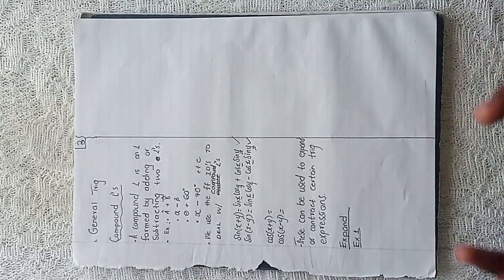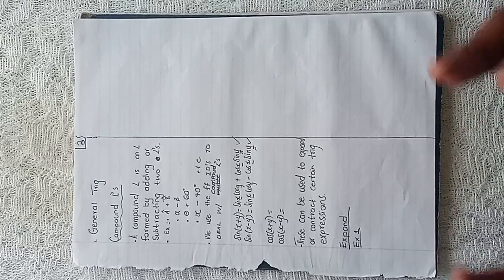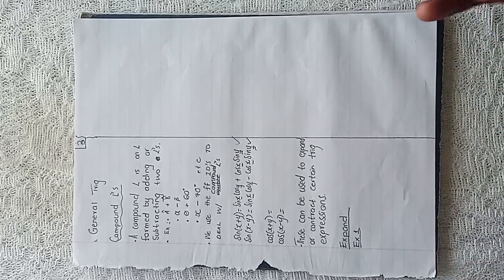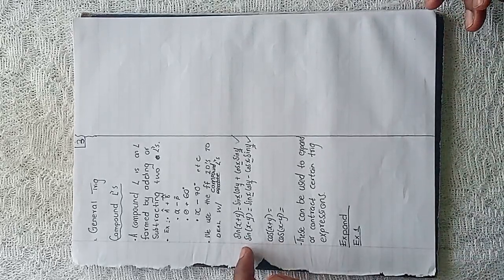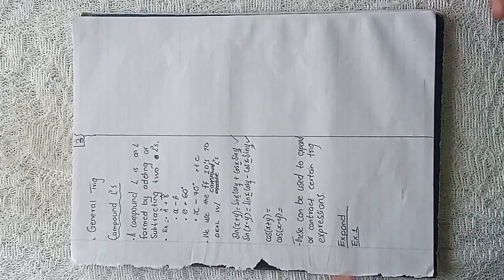We see that they are subtracting two angles within the brackets of this sine ratio. So it's equivalent to sine x times cos y minus cos x times sine y.